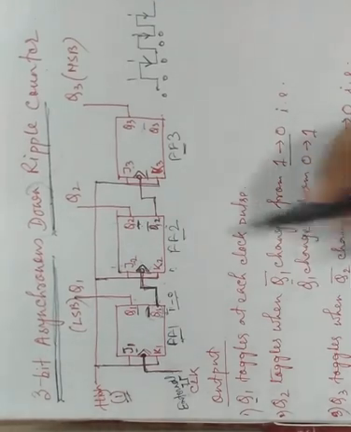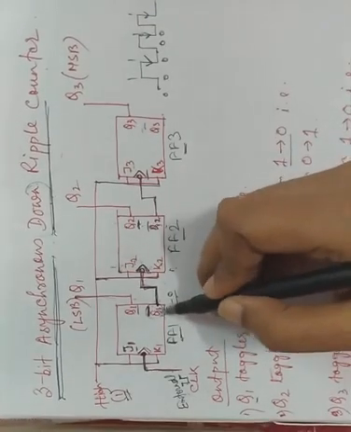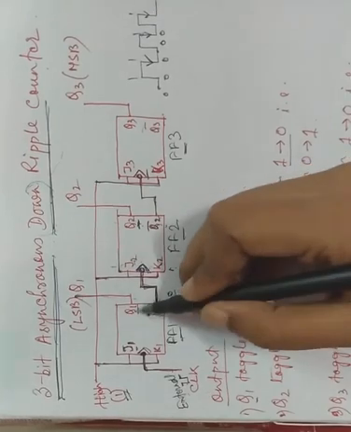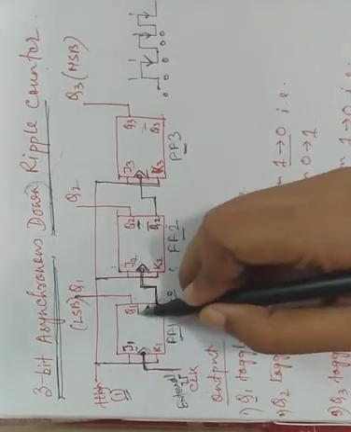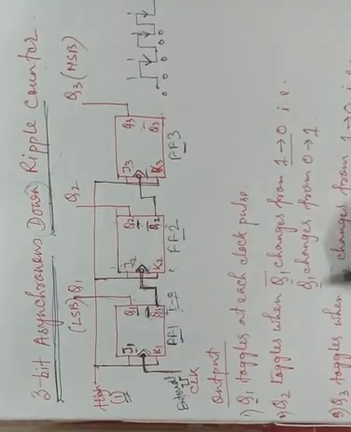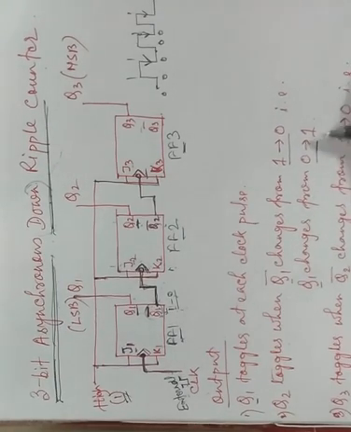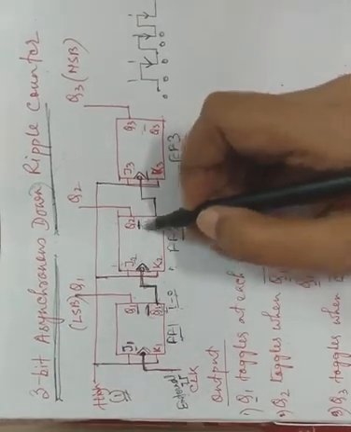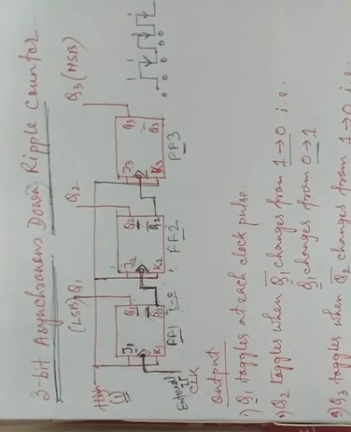Vice versa, we can say if Q1 bar changes from 1 to 0, then as Q is the complement of Q bar, whenever Q changes from 0 to 1, then Q2 will activate and toggle.